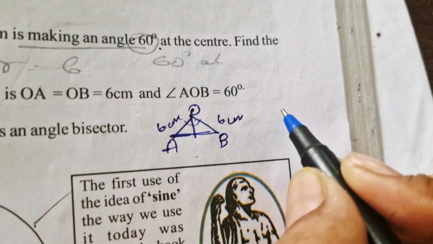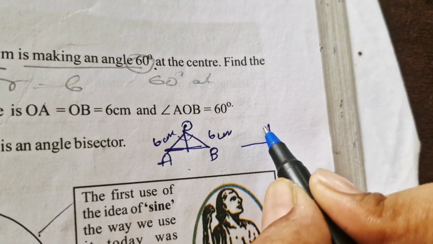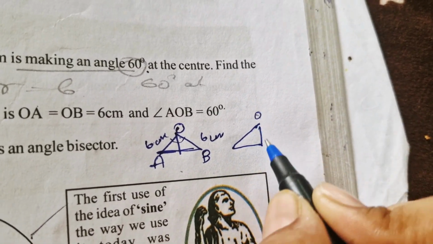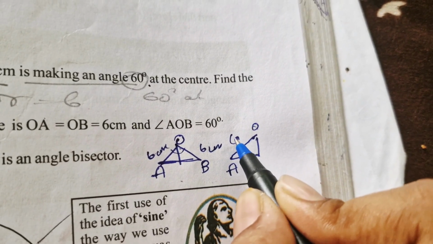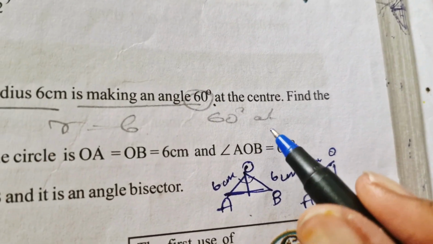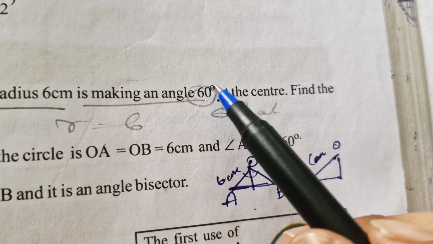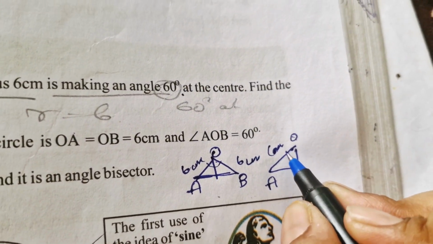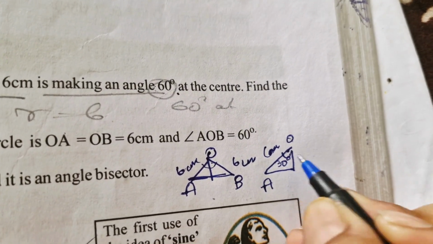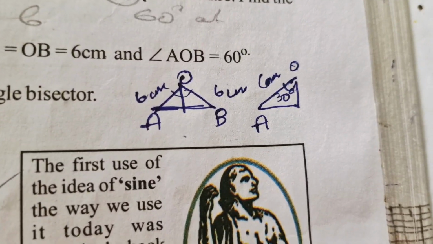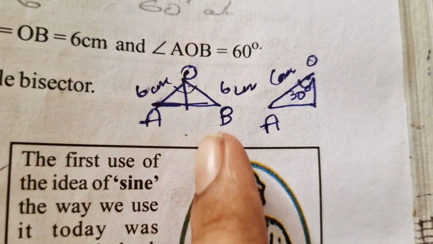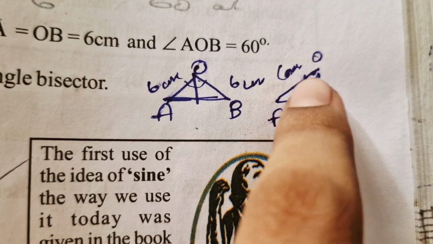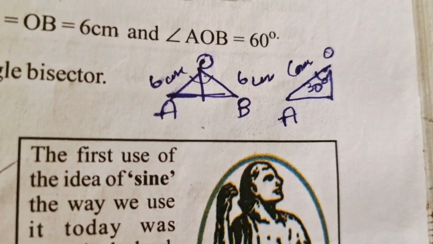If we take one triangle here, half of the 60 degrees is 30. So we get 30 here. If we take half of this whole triangle, like a right angle triangle, we will get 30 degrees.